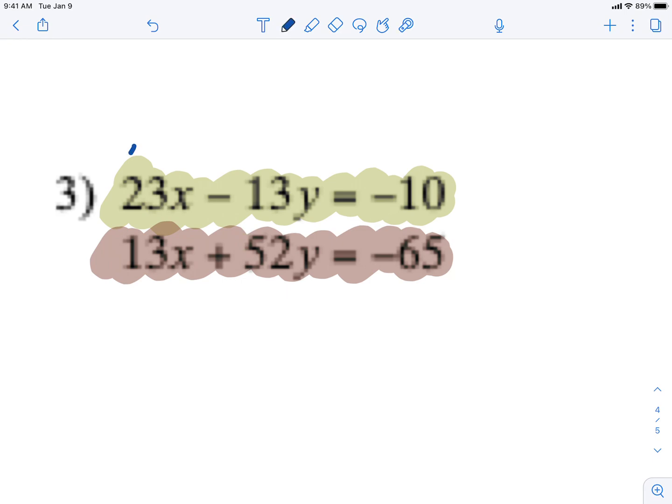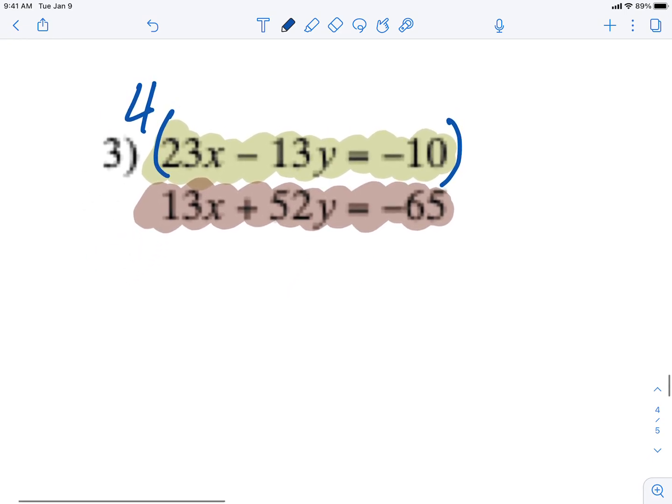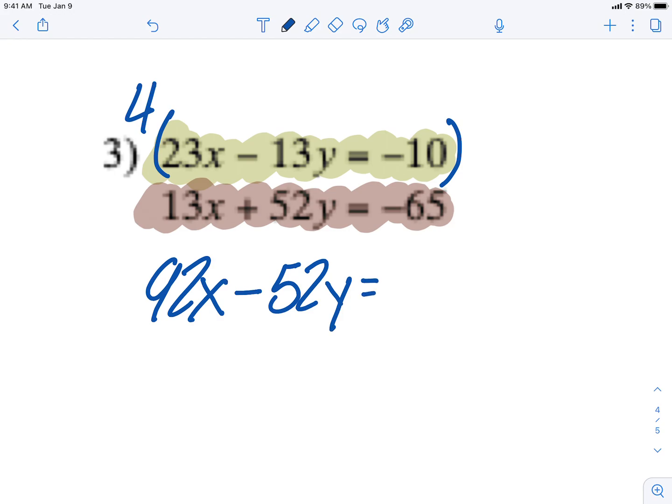So what I'm going to do is multiply this top equation by 4, like that, right? So 4 times 23 gives me 92x, minus 4 times 13 is 52y, and then 4 times negative 10 is negative 40. Now the bottom equation stays exactly the same.